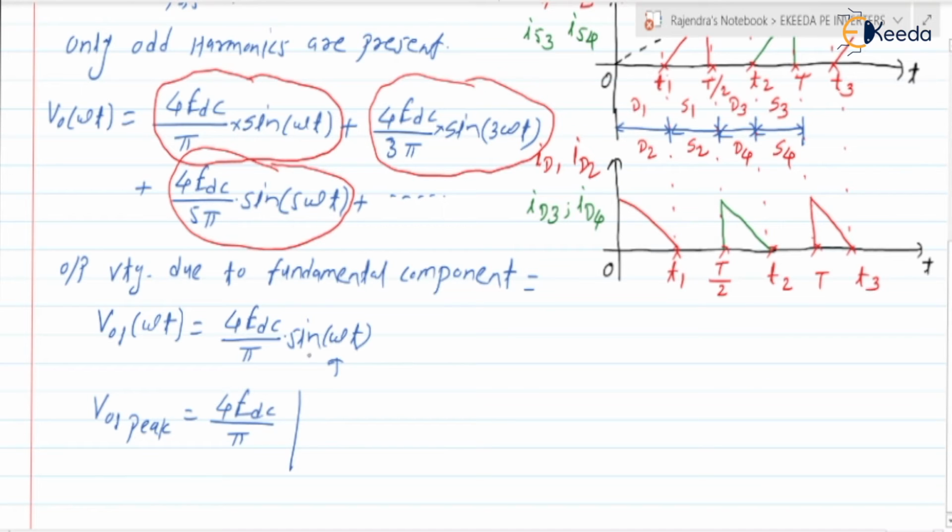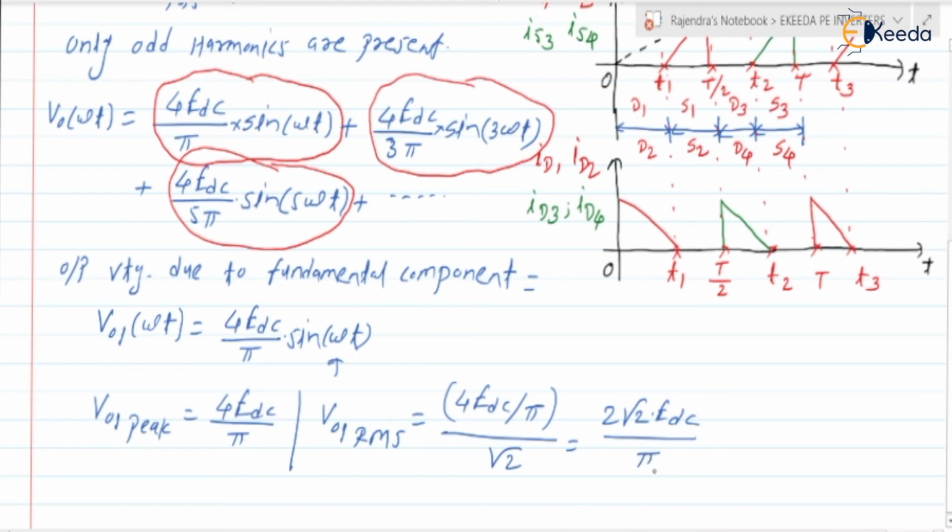As we know, the RMS value of any sinusoidal waveform is equal to peak divided by root 2. So it is 4 Edc divided by pi, divided by root 2, which is equal to 2 root 2 into Edc by pi, which is 0.9 into Edc.